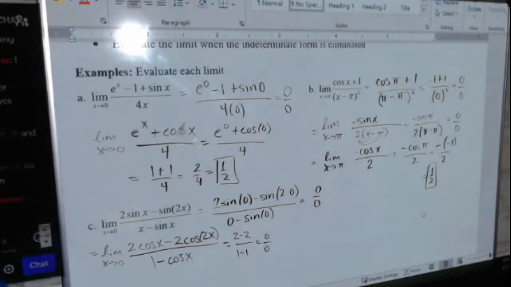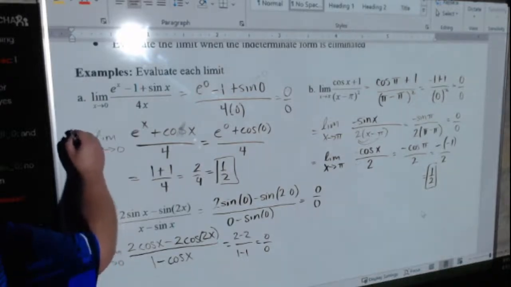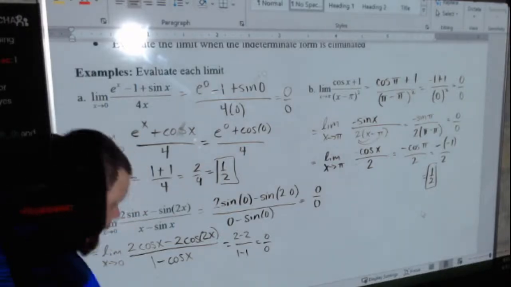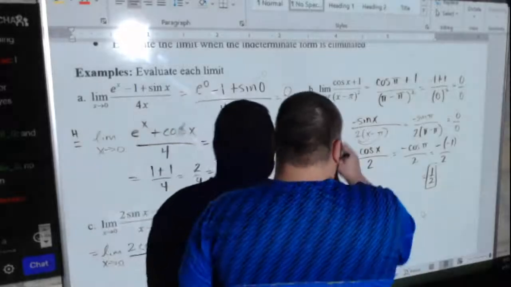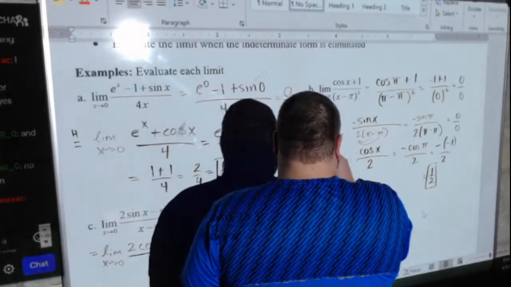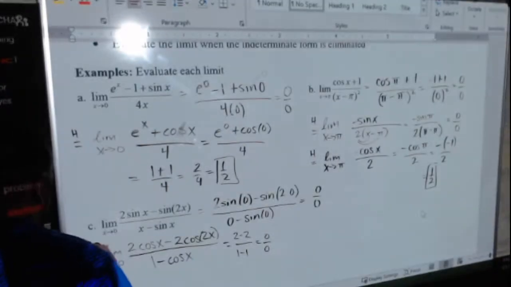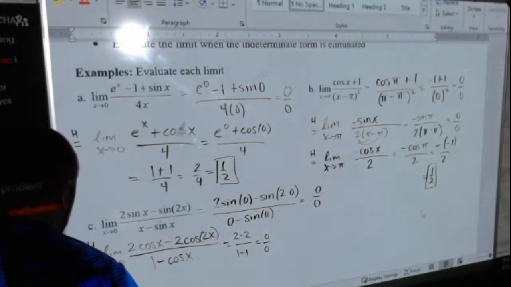And another thing is, I should have done this: anytime you use L'Hopital's rule, write the equal sign and put a little h over it. So let me go back and do that. That just indicates that you've taken a derivative and you're going to evaluate again.